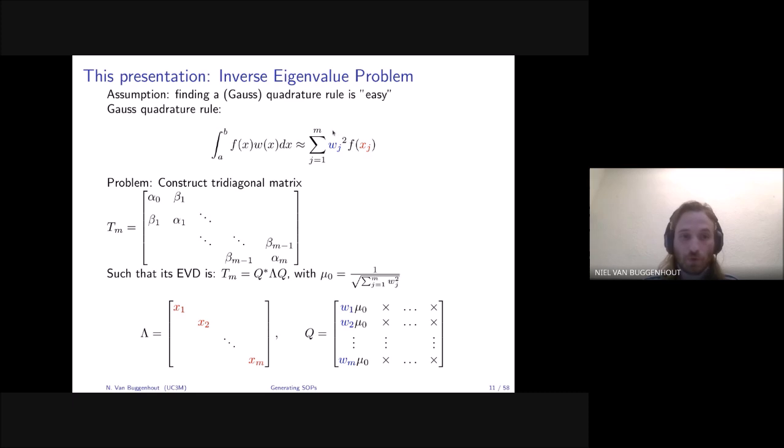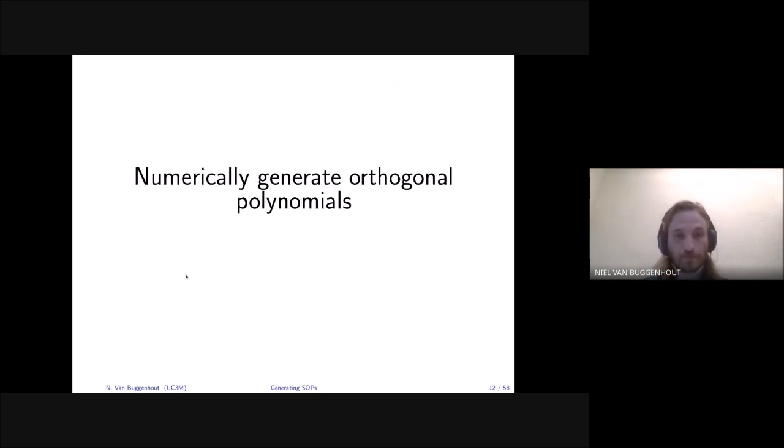And we want to compute a tridiagonal matrix such that it has a certain eigenvalue decomposition where the eigenvalues are these Gauss quadrature nodes, and the weights in the quadrature rule appear in the first column of our Q. And this is called an inverse eigenvalue problem, and this will be the main problem that we will have to solve during this presentation.